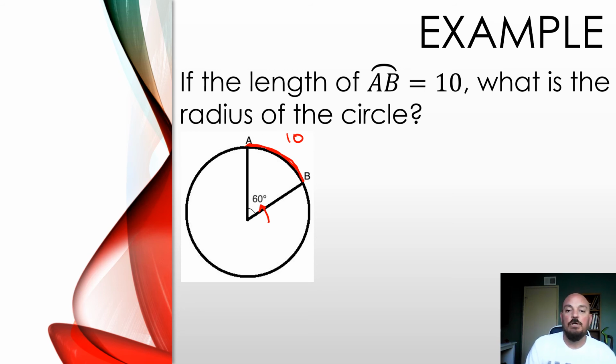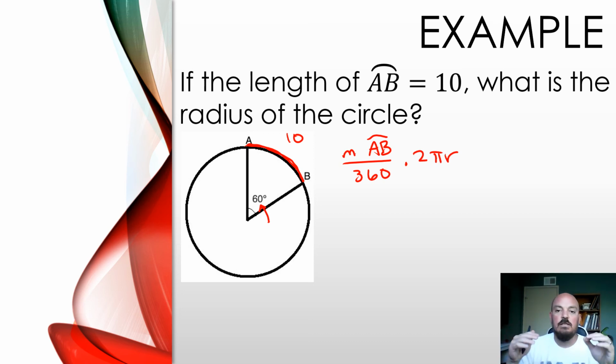Let me start with the formula again. I'm going to have the measure of arc AB over 360 times 2 pi r. Now here's the difference. Instead of just plugging numbers into a calculator, I have an equation. I told you the answer to this question: this equals 10.